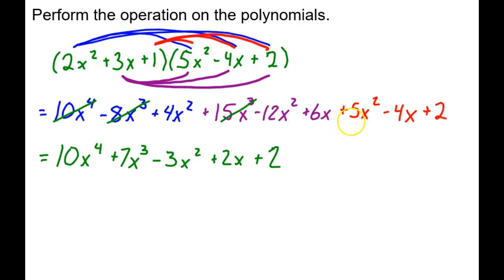Negative 8x squared plus 5x squared is going to leave us with negative 3x squared. Then we have a 6x minus a 4x, which leaves us with a 2x, and then a plus 2 at the end. So this is the simplified form for this polynomial when we multiply those two polynomials together.